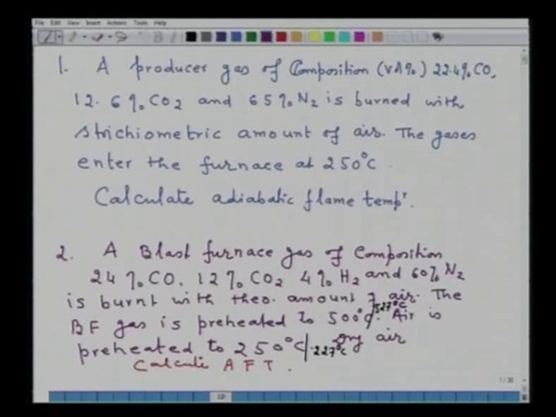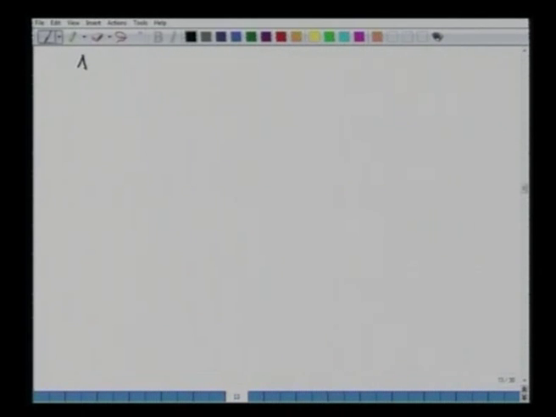So, I am illustrating now another problem, say a producer gas of composition 22.4% CO plus 12.6% CO2 plus 65% nitrogen is burnt with theoretical amount of air.